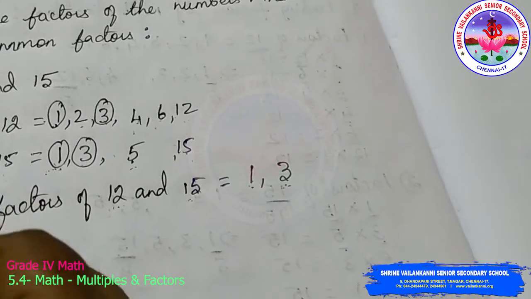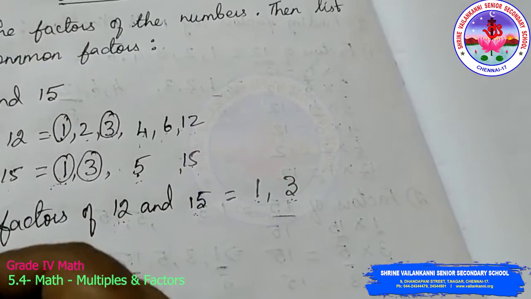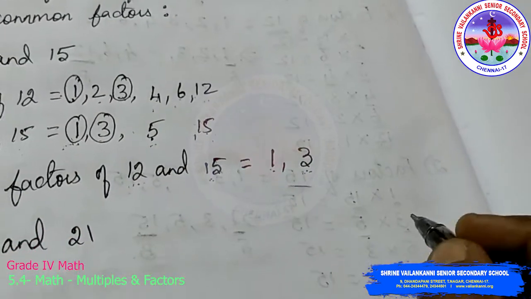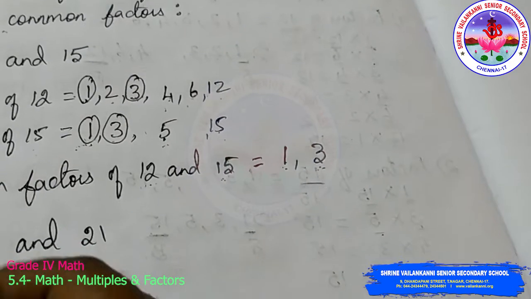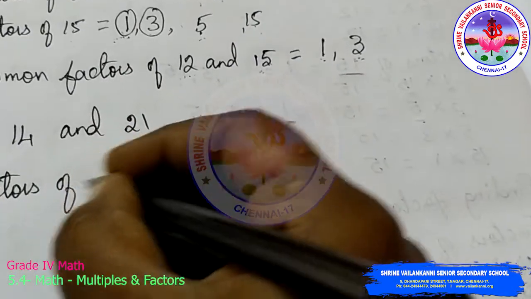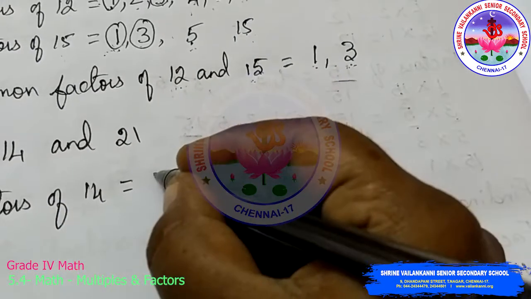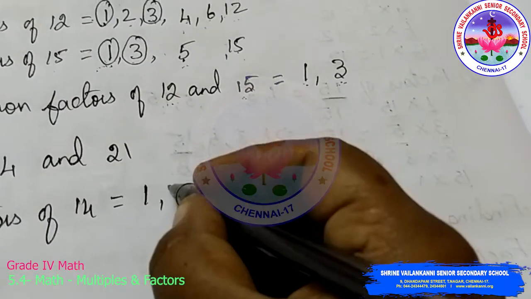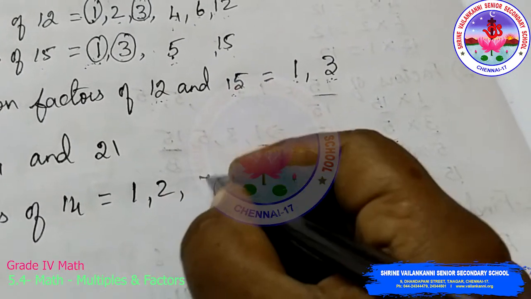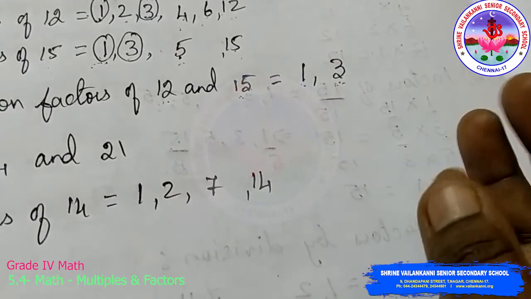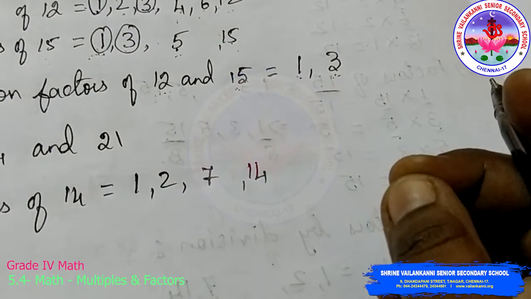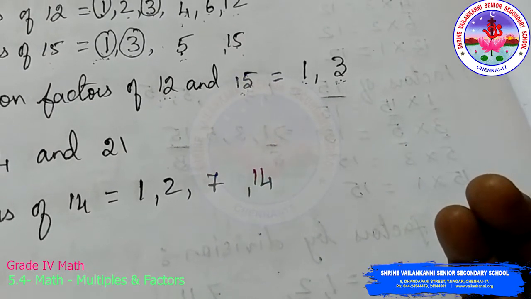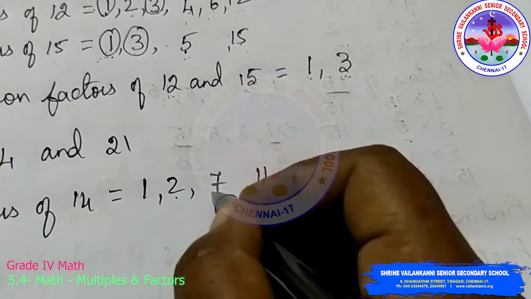I'll show you one more sum. I'll take 14 and 21. First, factors of 14. 1 14s are 14, 2 7s are 14, and after the 2 table, 3, 4, 5, 6 are not divisible into 14. 7 2s are 14, which I've already written.